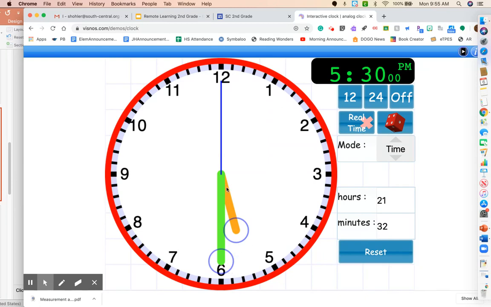They just put the hour hand pointing right to the 5 and then the minute hand pointing to the 6. Well, it's not really like that in real life. So we're going to practice it like it is in real life, and we're going to put the hour hand in between the 5 and the 6 so that we know that it is halfway in between the 5 o'clock hour and the 6 o'clock hour.